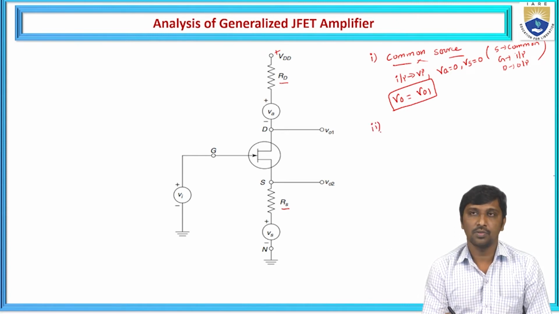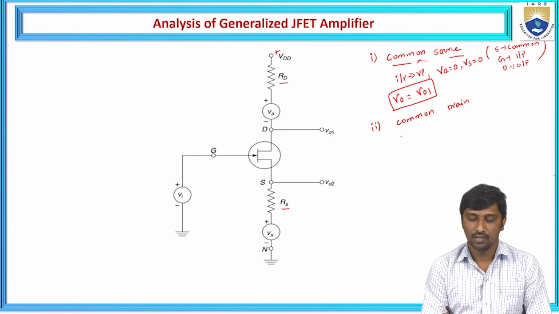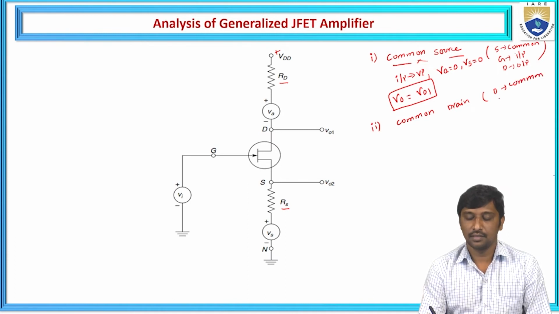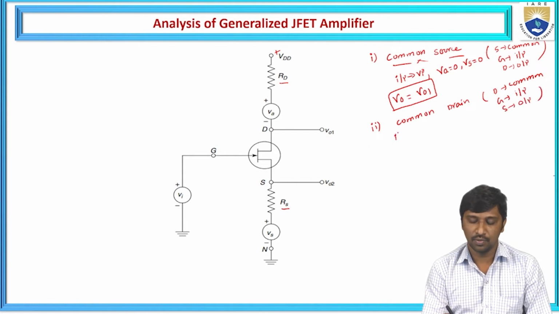Similarly, if you want to satisfy a common drain amplifier from this generalized model, what is a common drain? Drain is the common terminal, the gate terminal acts as the input, and the source acts as the output. Hence, again your input is Vi passing through the gate, and the remaining two voltage sources, Va and Vs, we make zero.